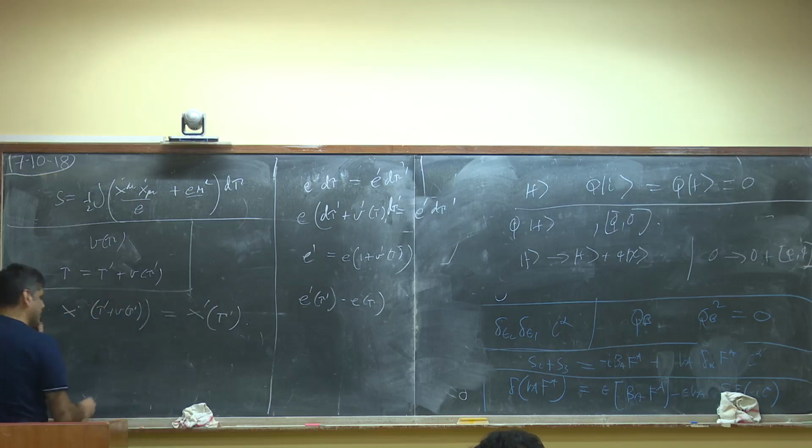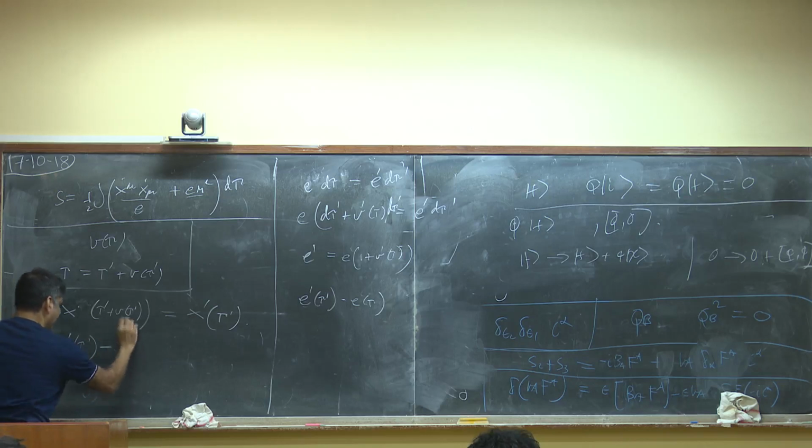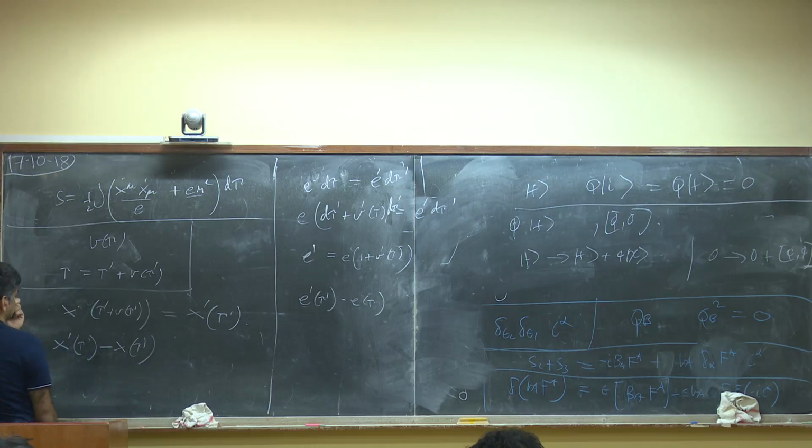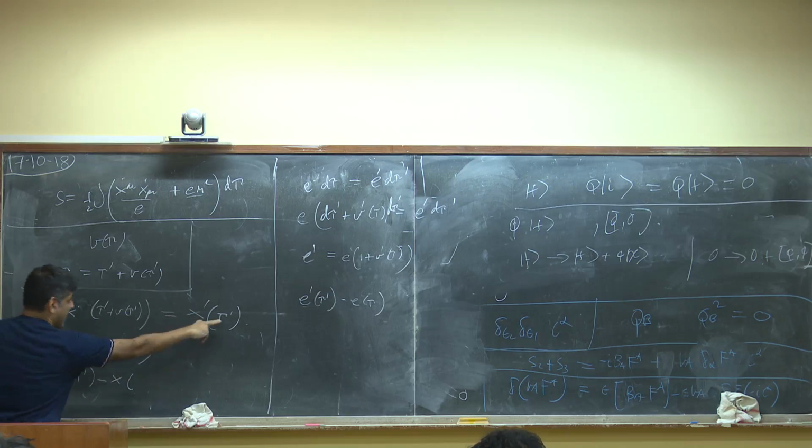Ignore the mu index. This is what I want to compute. It is equal to x prime of tau prime minus x of, I would have to move this tau prime by minus v of tau prime.